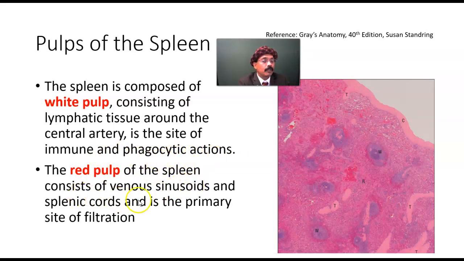Red pulp of the spleen consists of venous sinusoids and splenic cords, the primary site of filtration. So this is red pulp, this is white pulp. This is the capsule of the spleen, and this is the extension from the capsule, we call it trabeculae.